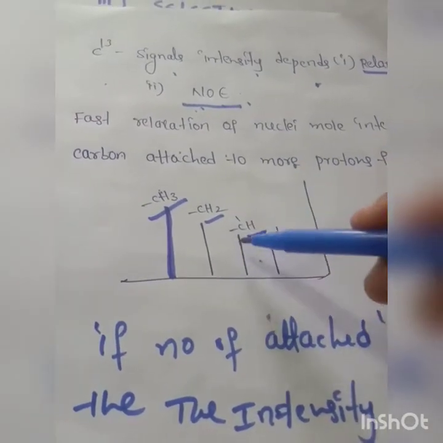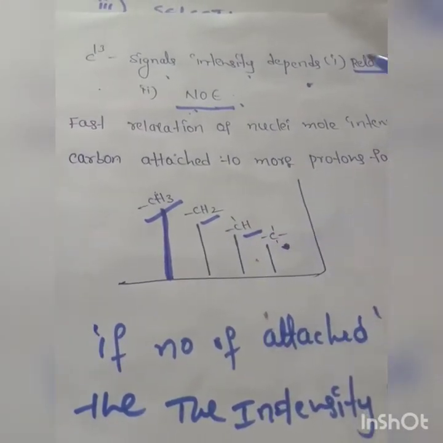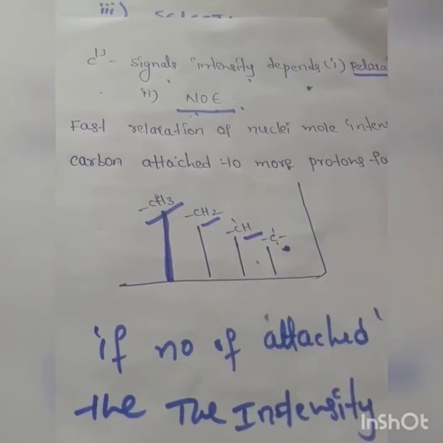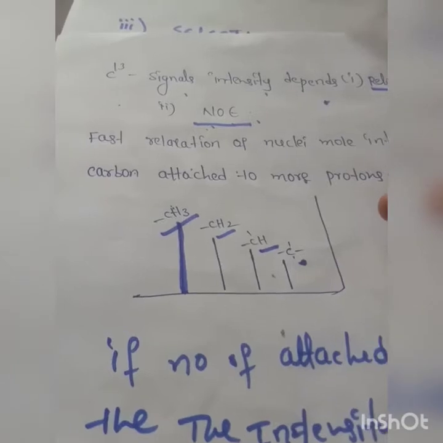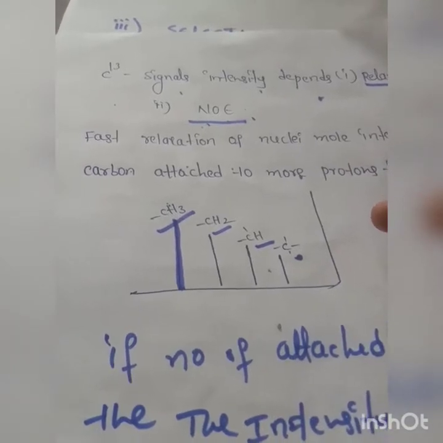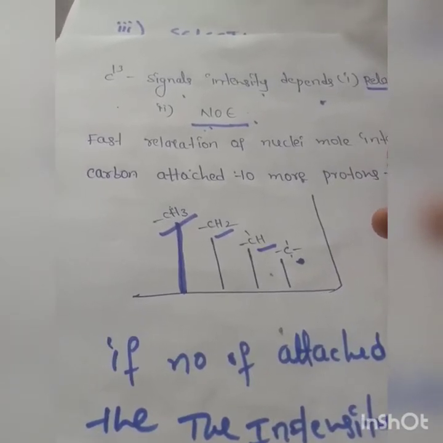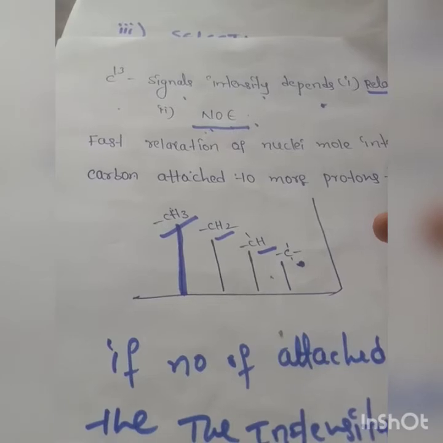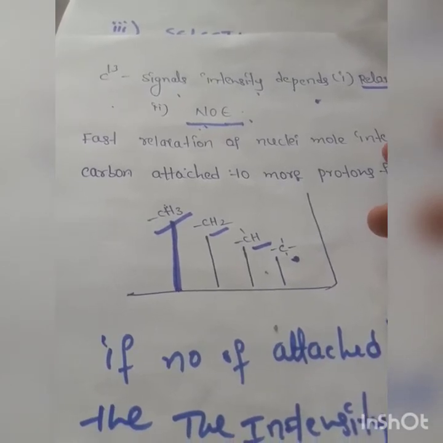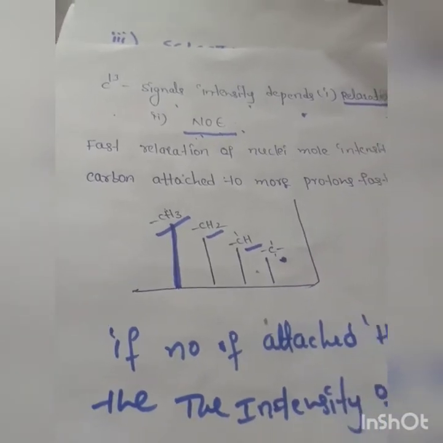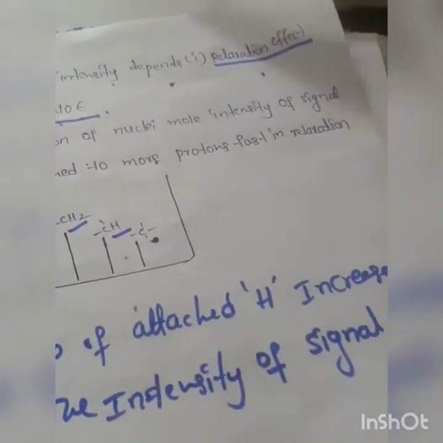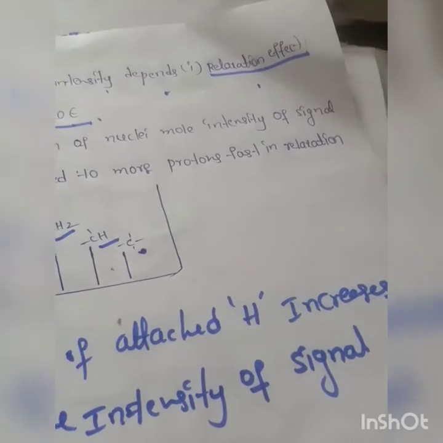If only 1 hydrogen, it decreases. Without any hydrogens, the height of the signal is very small, right? So the intensity of the signal depends on the number of attached hydrogens: if the number of attached hydrogens increases, the intensity of the signal also increases. And it depends on the nuclear Overhauser effect and the relaxation effect also.